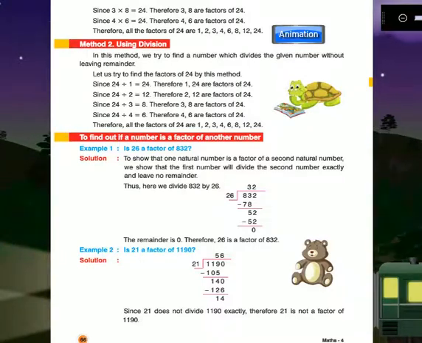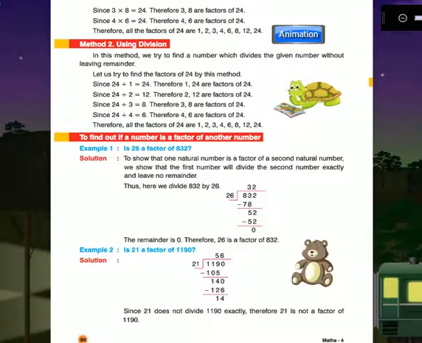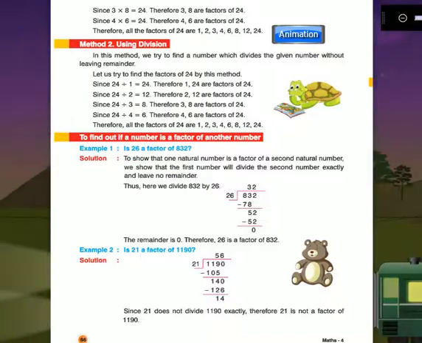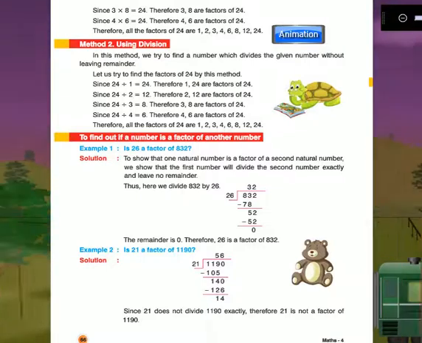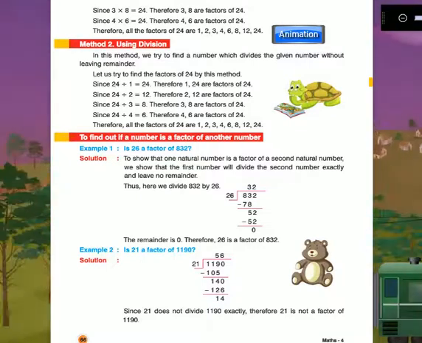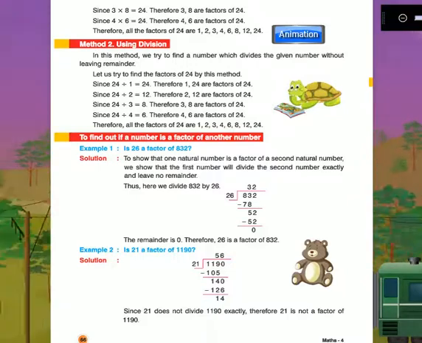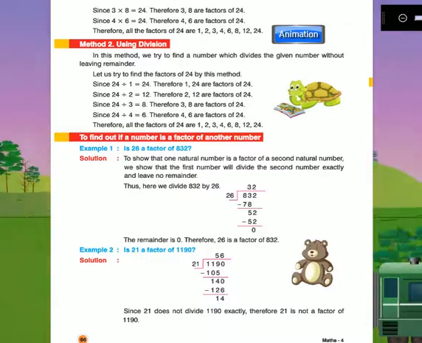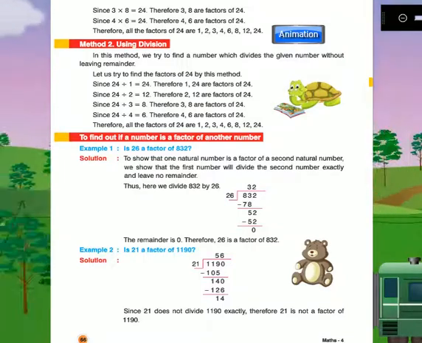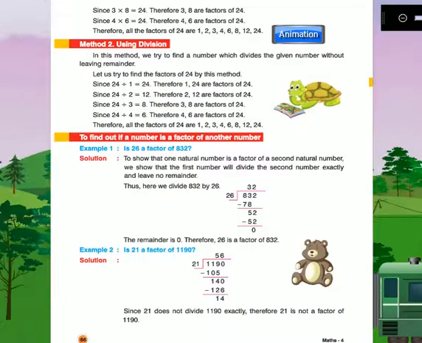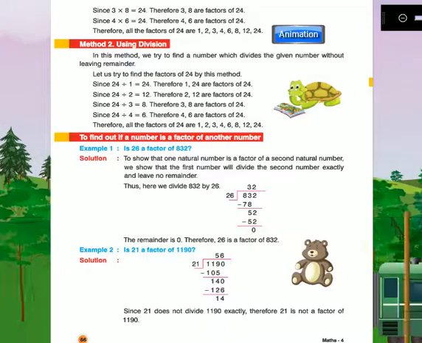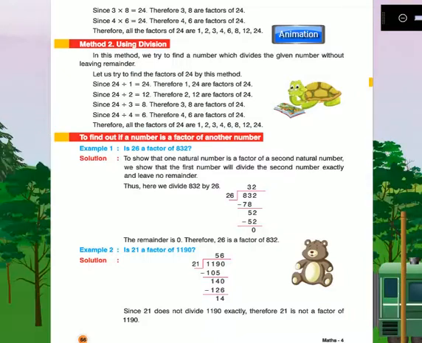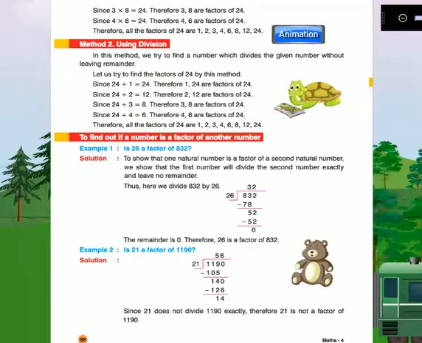Since 24 divided by 3 is 8, therefore 3 and 8 are factors of 24. Since 24 divided by 4 is 6, therefore 4 and 6 are factors of 24. Therefore, all the factors of 24 are 1, 2, 3, 4, 6, 8, 12, and 24.